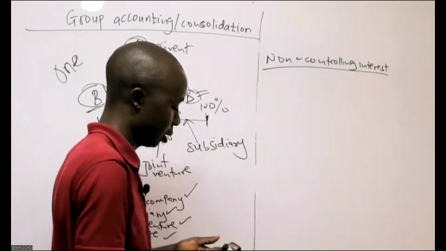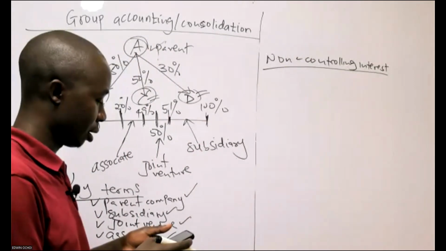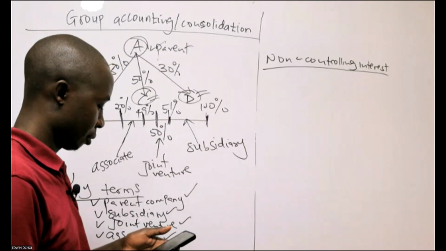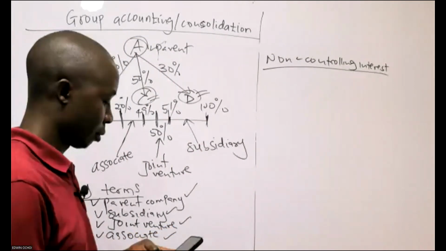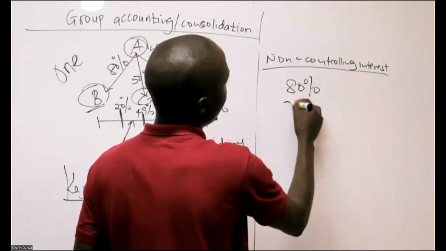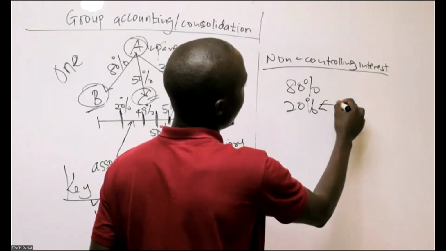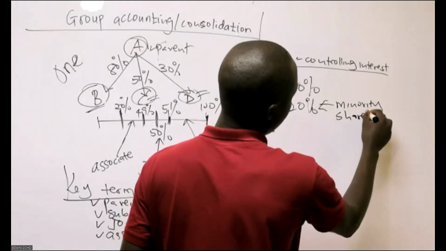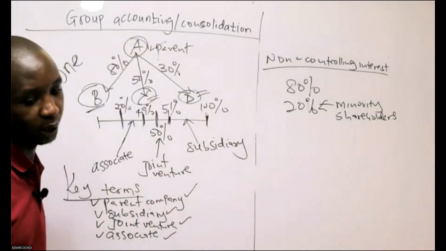The minority shareholders in the subsidiary. So right now, if the subsidiary is acquired up to 80%, meaning that 20% is not controlled by the parent. So this one goes to the minority shareholders.